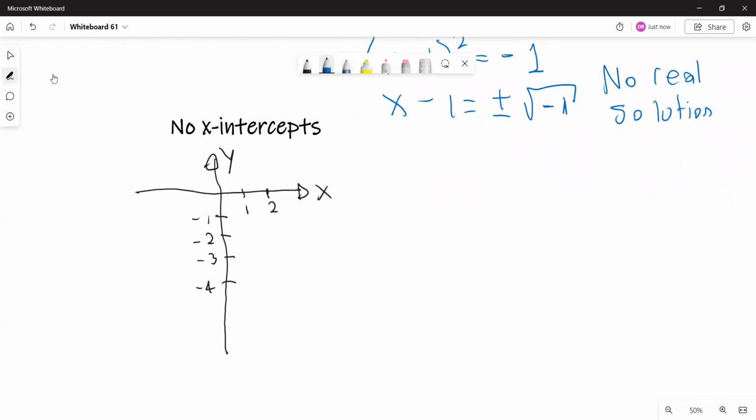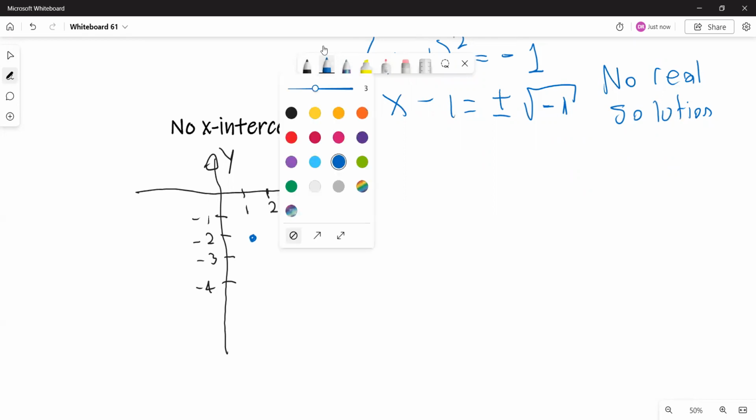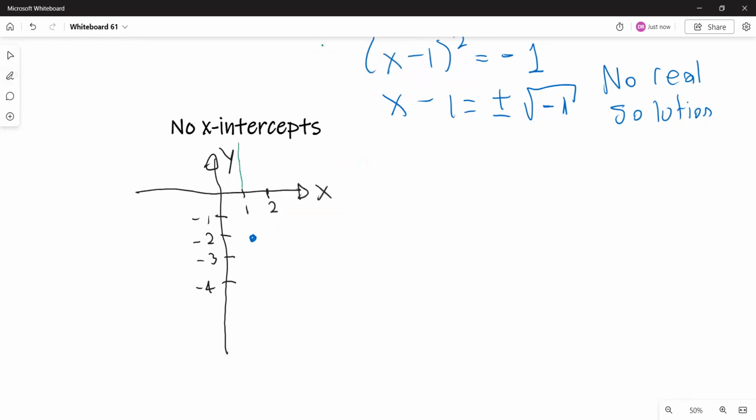Okay, so the vertex is 1, -2. The axis, or axis of symmetry, is x equals 1. The y-intercept we find to be 0, -4.